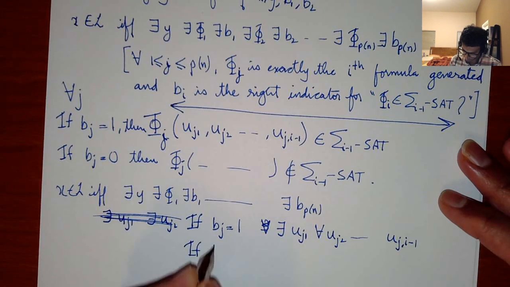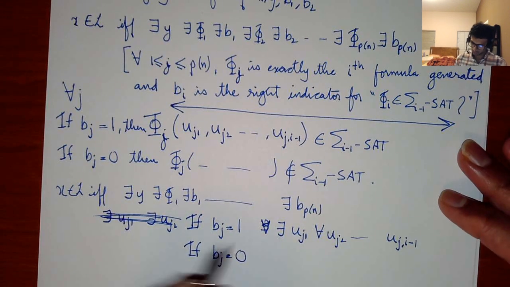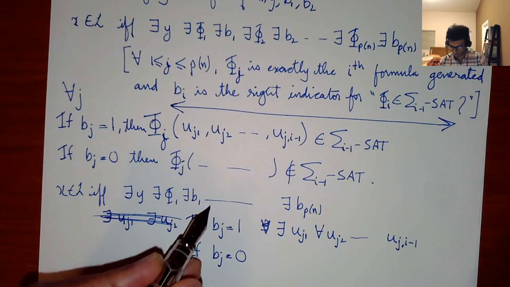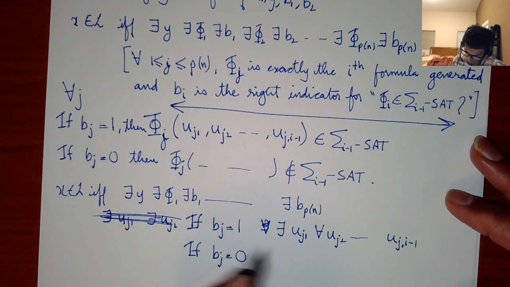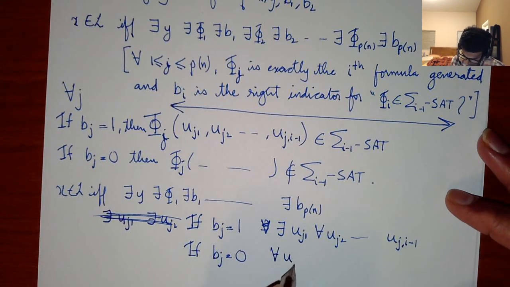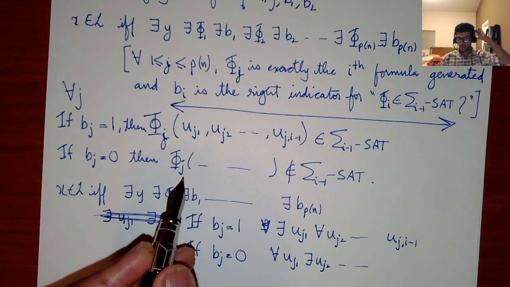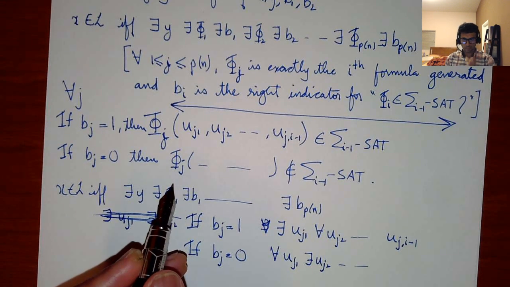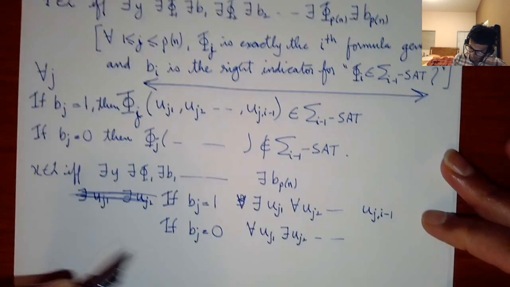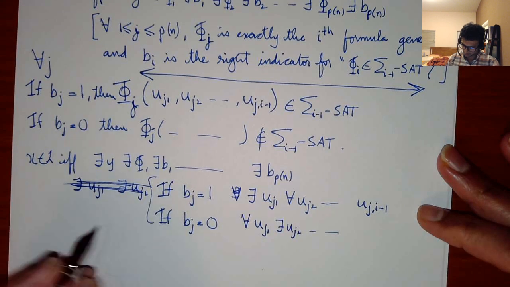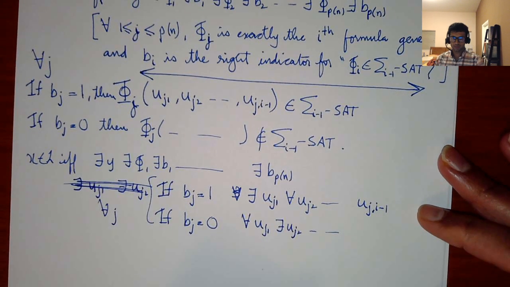And if b of j is 0, then the quantification that I'm looking for is: for all u j1, there exists u j2, and so on and so forth. So this is going to then be false. So I have this condition for all j.